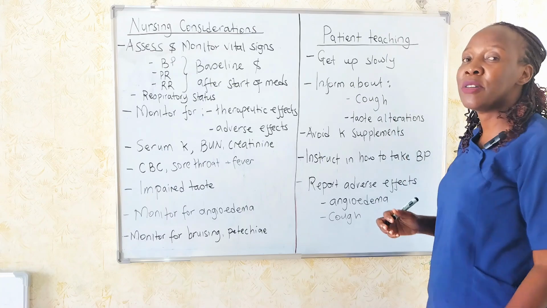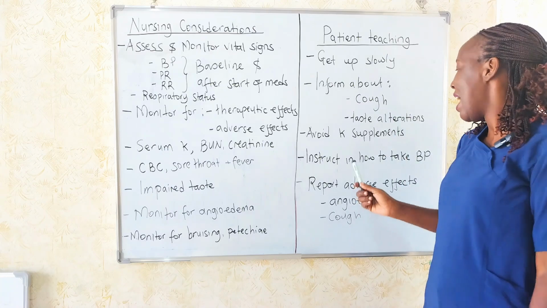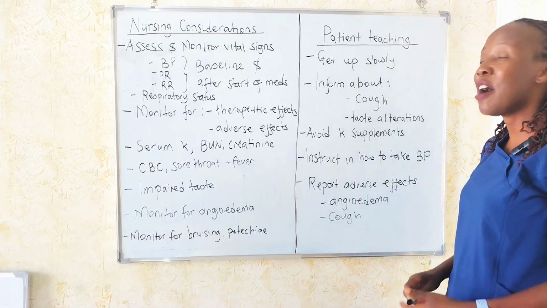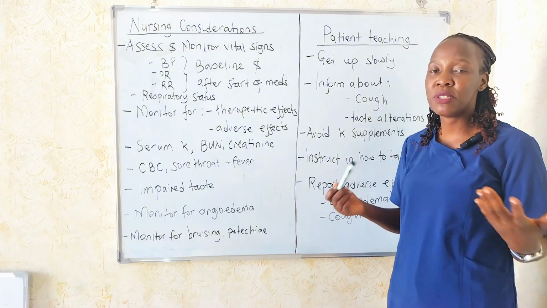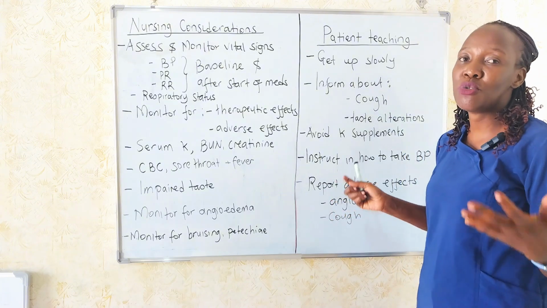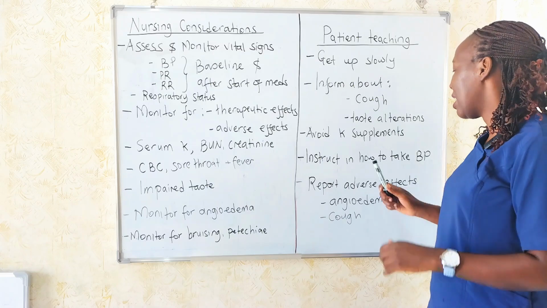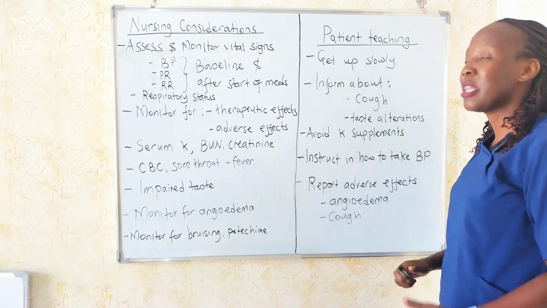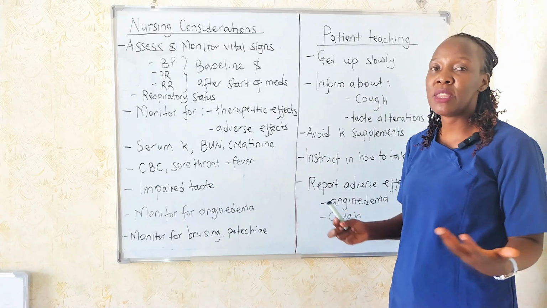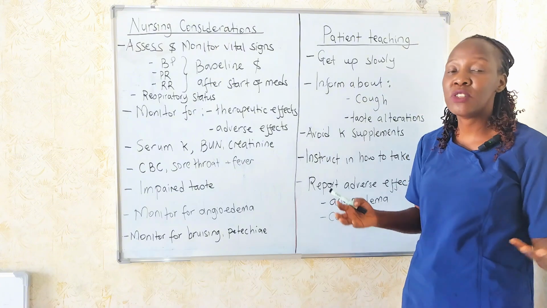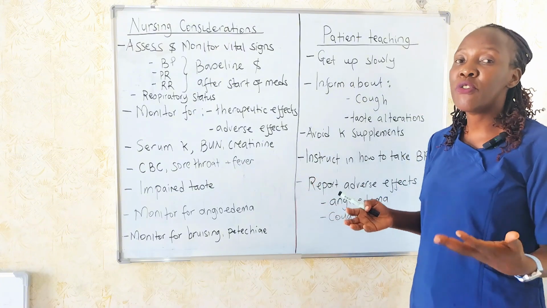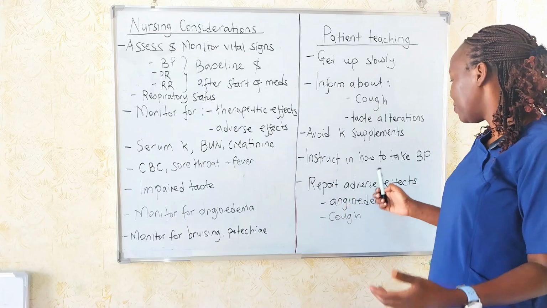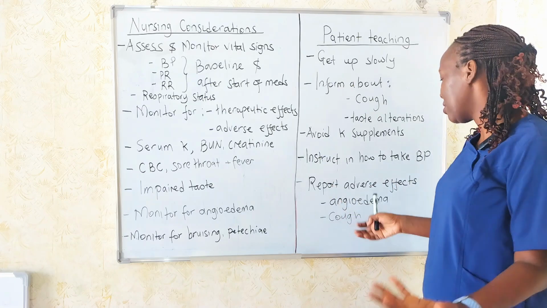Also, ask about taste alterations, and then teach them to avoid potassium supplements and even foods that are high in potassium, because we don't want to exacerbate the hyperkalemia. Instruct them in how to take blood pressure, because when they go home, they also still need to monitor their blood pressure so that they don't run the risk of getting hypotensive or severely hypotensive.